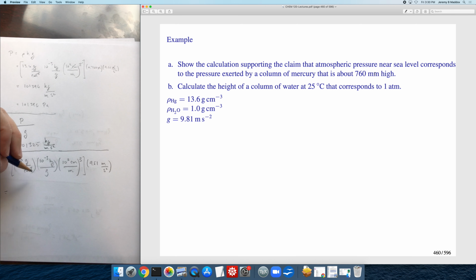And I am getting 10.3 meters out of that, which is about what we said it was on the previous slide. Okay, so these are how you do calculations involving the hydrostatic pressure formula for a column of liquid.